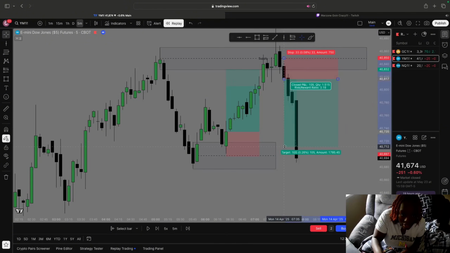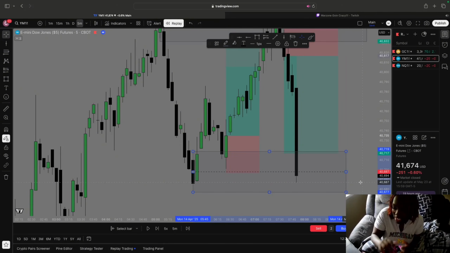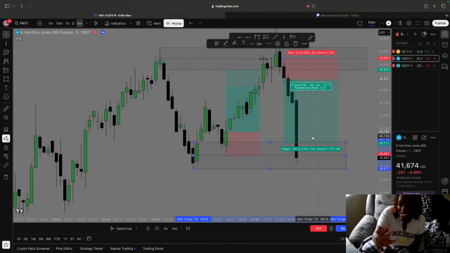Take it for the 100 ticks, which is, look, low key at the top of this demand. So if you was a little shaky on where to take it to, there you go. But that's a little bit more advanced.